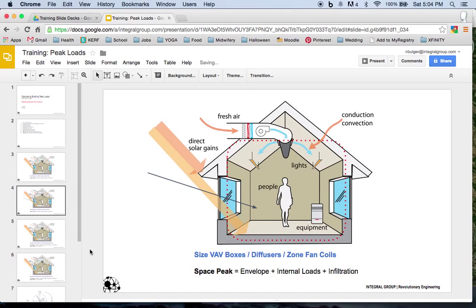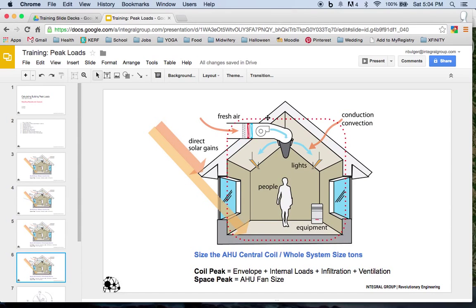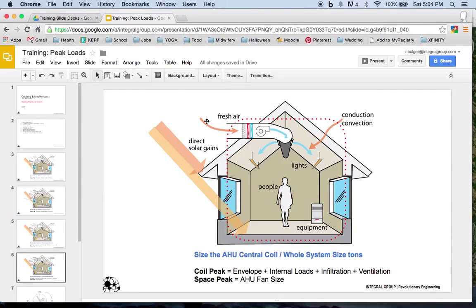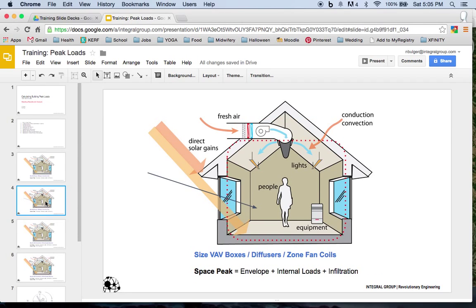The coil peak, again, is one where now we're counting the fresh air contribution, and now if, let's say, it gets up to 90 degrees in the summer, even though the sun is higher in the sky, because we now need to bring outside air from a hot temperature down to our thermostat, the combined amount of cooling for fresh air and for managing the sun and all the internal loads could result in a larger tonnage than the wintertime.